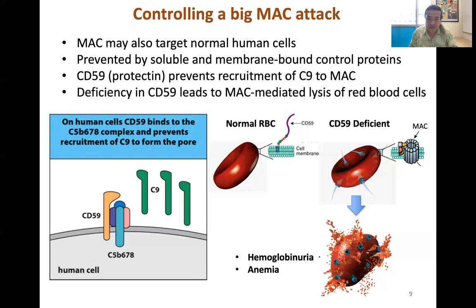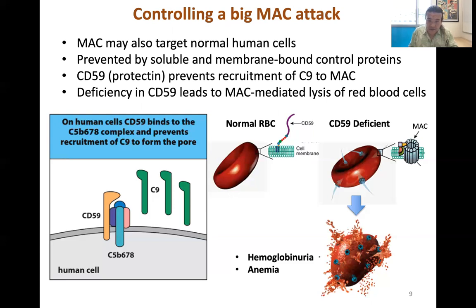And depending upon how impaired their version of CD59 is, it may lead to a fatal condition. So maybe these certain people don't even grow up. They die in childhood.